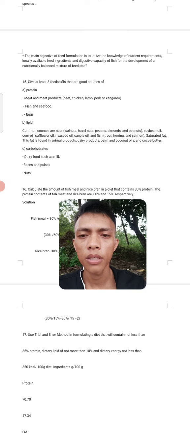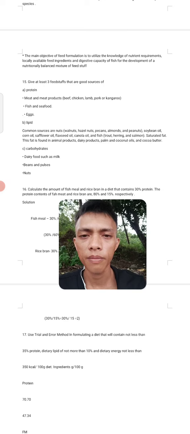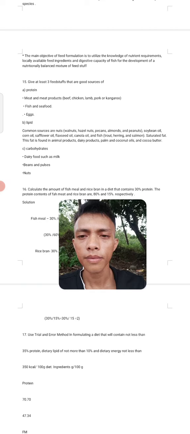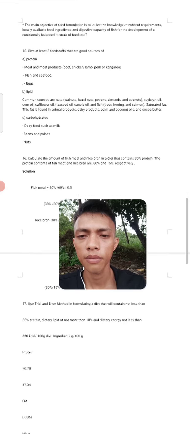Saturated fat. This fat is found in animal products, dairy products, palm and coconut oils, and cocoa butter. C. Carbohydrates. Dairy foods such as milk, beans, and pulses and nuts.